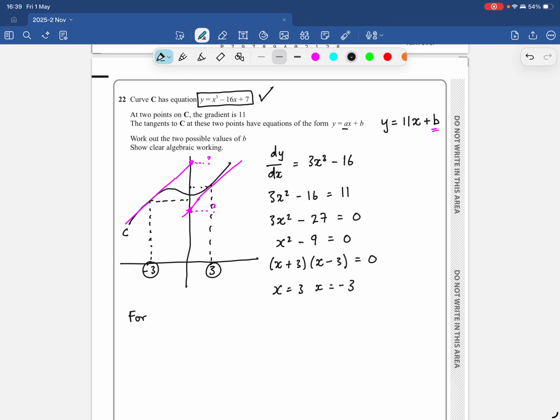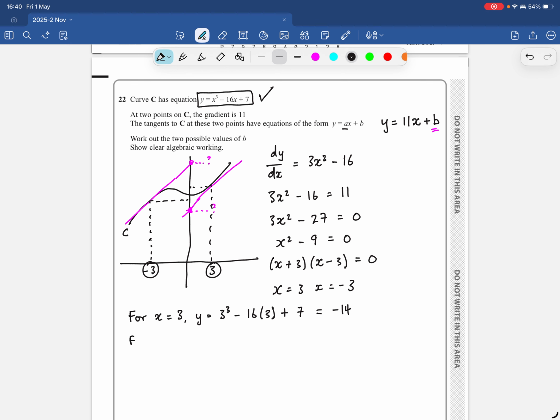Okay, so let's make this clear. For x equals 3, we have y equals 3 cubed minus 16 lots of 3 plus 7. And you should put this in your calculator, but that's 27 minus 48, which is minus 21, plus 7, which is minus 14.